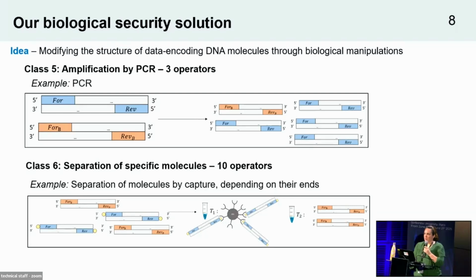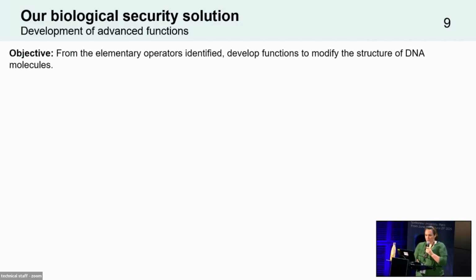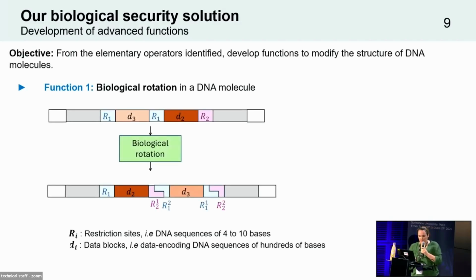So in total, we have identified more than 30 operators that can be used to modify the structure of DNA molecules. And based on some of these operators, we have designed 2 more advanced functions to modify the structure of DNA. So the first one is the biological rotation.